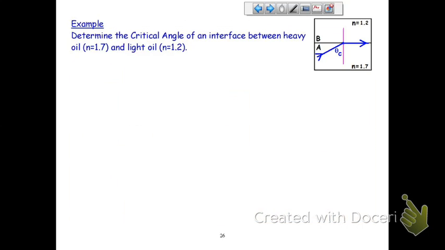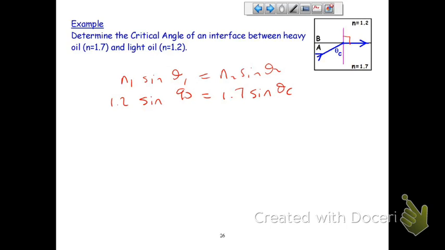Let me just do this one example because it's the last thing I really want to talk about. So we say determine the critical angle of the interface between that. So basically I say n1 sin theta 1 equals n2 sin theta 2. So I've got 1.2 sin 90 degrees equals 1.7 sin theta c.